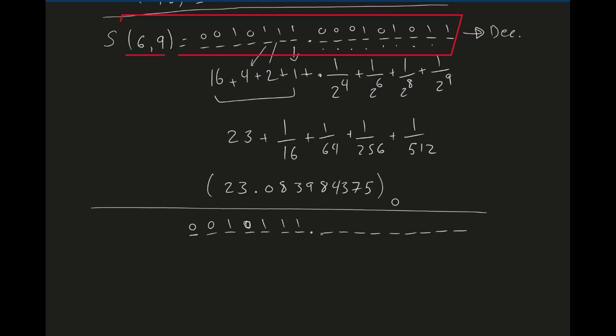And then the same thing here, 0, 0, 0, 1, 0, 1, 0, 1, 1. Now, will that change? So this is a signed 6, 9 number of this value. The only difference here is that the first bit that I have here is going to give me the sign. And a 0 means the number is positive.